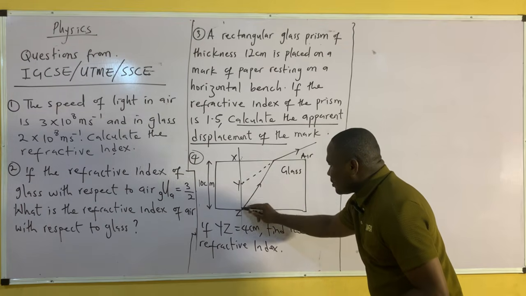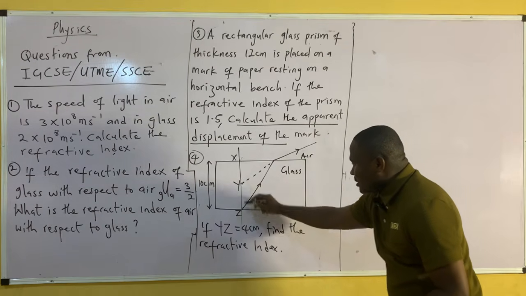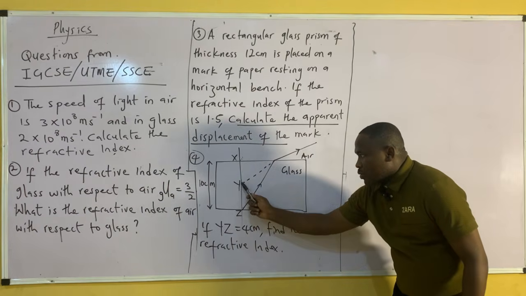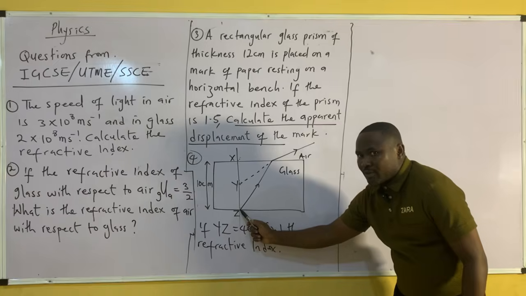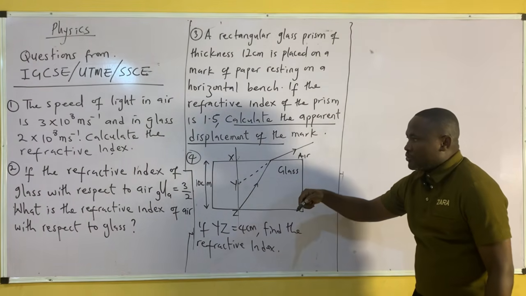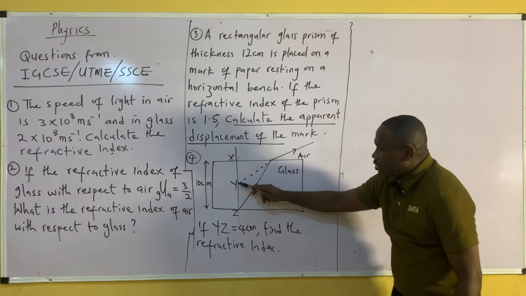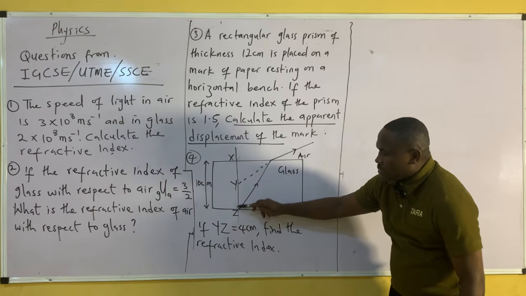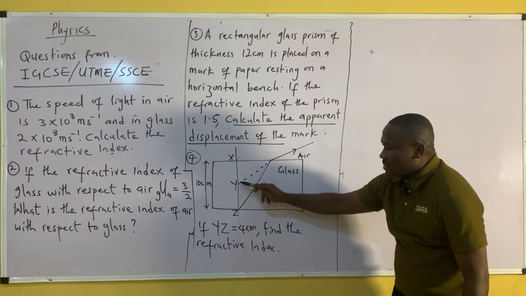But what was given us is y to z. So y to z is 4 centimeter. So it's the displacement that was given us, not the apparent depth. If you watch our previous video on this subject, you see that here to here is the apparent depth, not here to here. Here to here is the displacement.